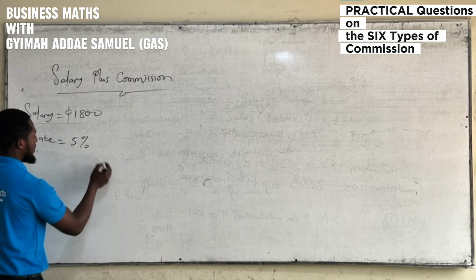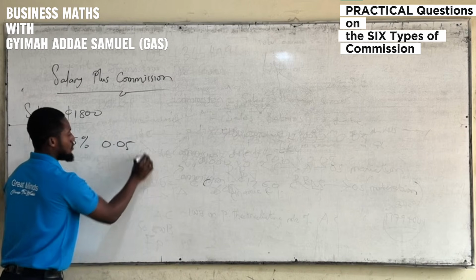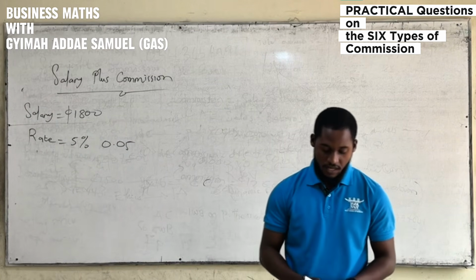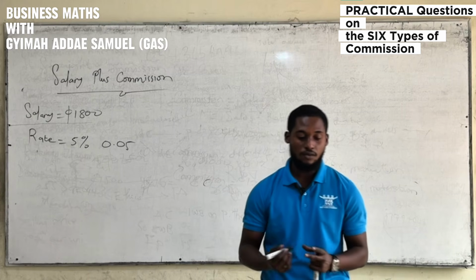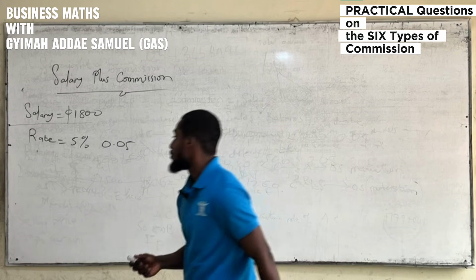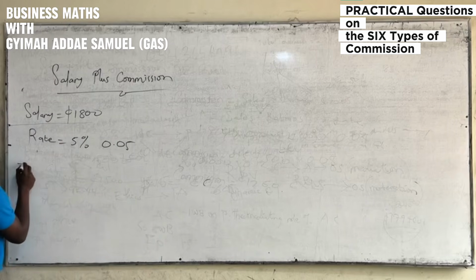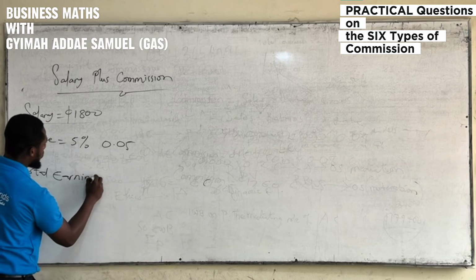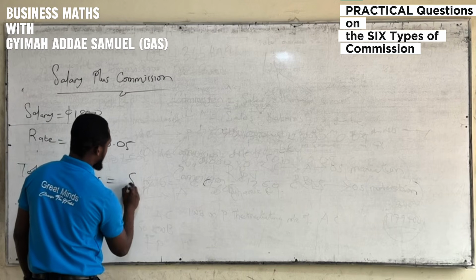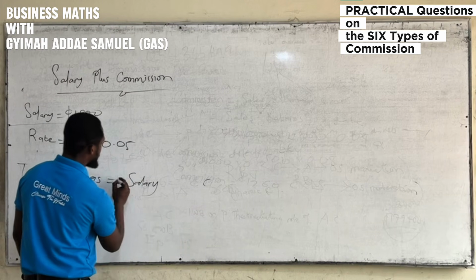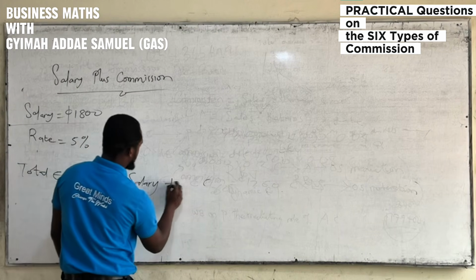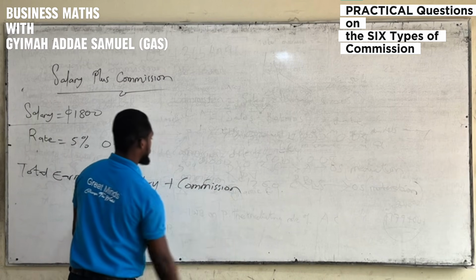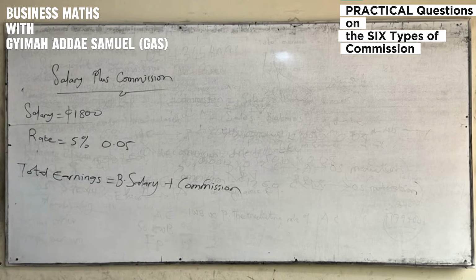When converted, it becomes 0.05. So now the question is asking us to calculate AC's total earnings. The formula for calculating total earnings is basic salary plus commission.